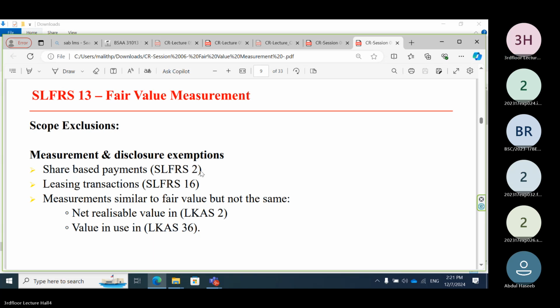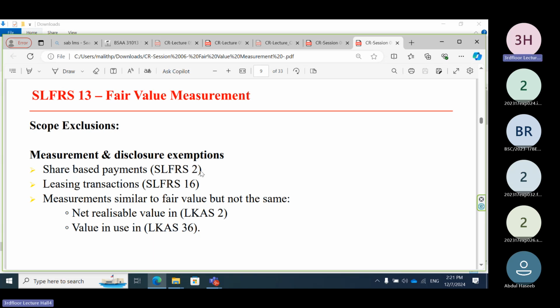In case 2, it's a standard like Inventory. Cost and NRV, whichever is lower. We have discussed this. Once you are getting NRV, realizable value is a kind of forecasted figure.